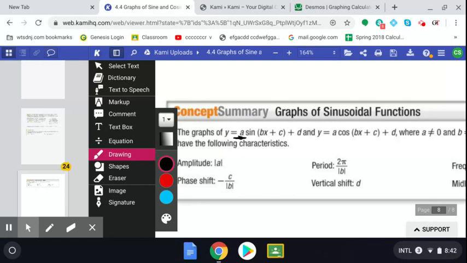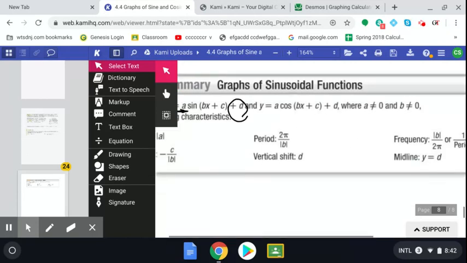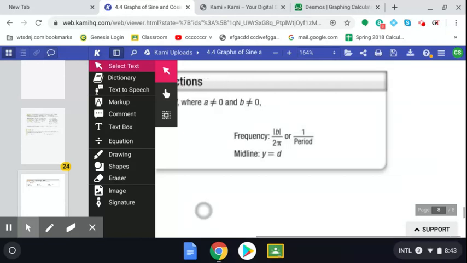And d is going to be your vertical shift. y equals a cosine of bx plus c plus d is the cosine function, transformations of cosine functions. Phase shift is minus c over the absolute value of b. Amplitude is the absolute value of a. Vertical shift is d. Period is 2 pi over b, and frequency is the absolute value of b over 2 pi, or 1 over the period. Midline is always d.